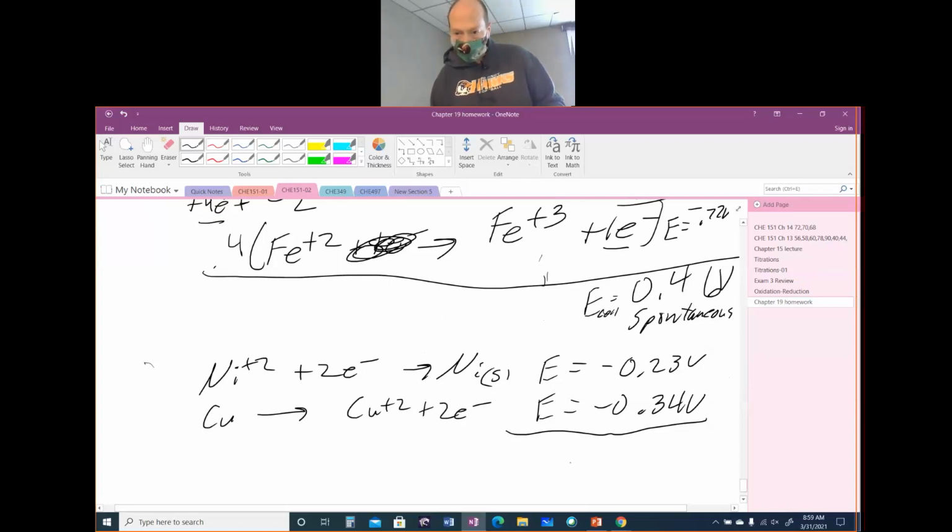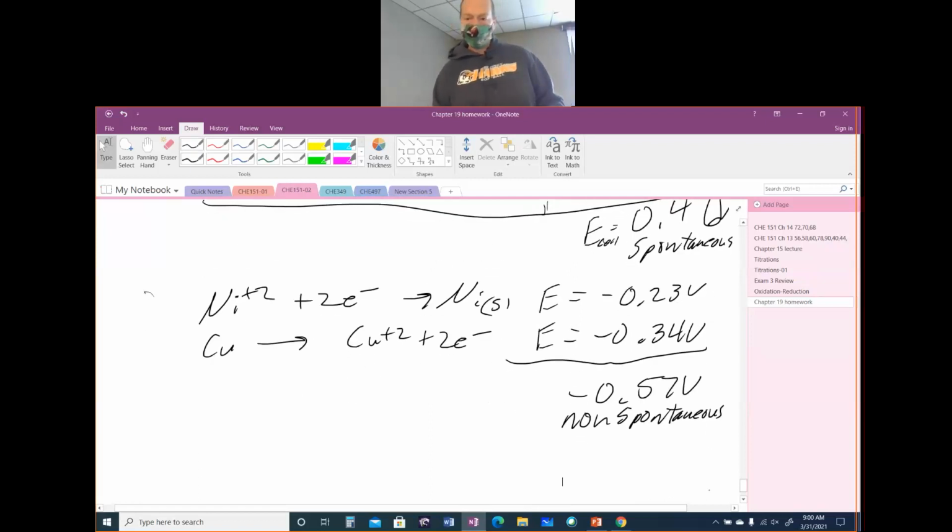So your final is a negative 0.57 volts. And so non-spontaneous, which means it does not give you products. So this is a no reaction. This will not occur unless you add a 0.57 voltage to that. So the answer is no, the copper will not reduce nickel plus 2 to nickel.